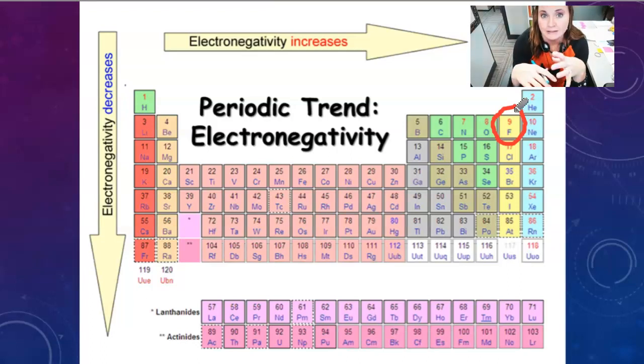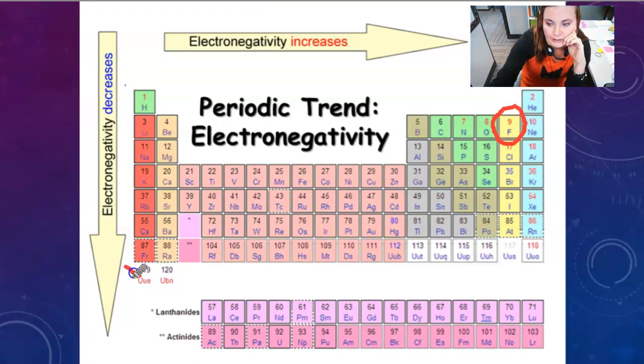It has 7 in its valence shell. It only needs 1 electron to be completely full, to have that full octet, to have the magic number 8, right? Fluorine's also super duper reactive. So the combination of having such high reactivity and having only 1 electron needed to make its valence shell complete makes it exceptionally electrically negative.